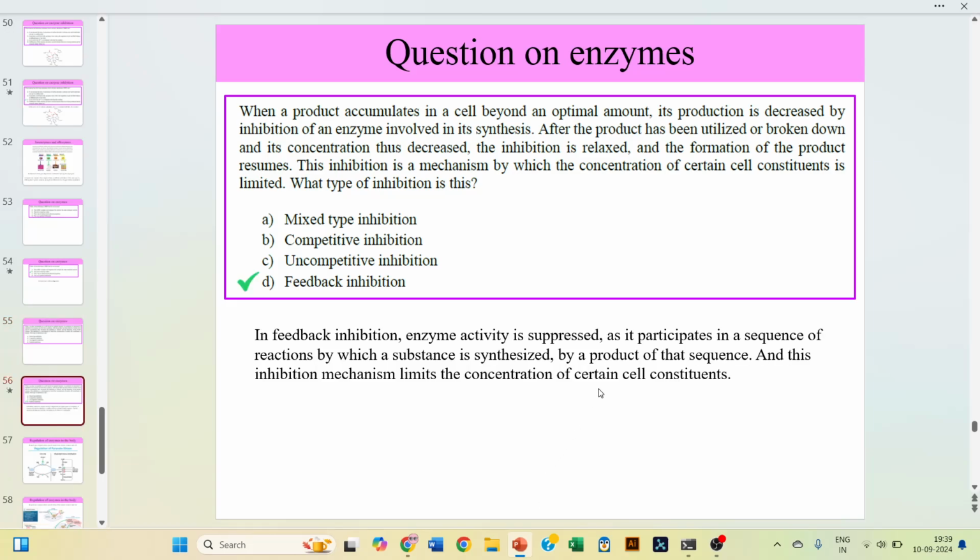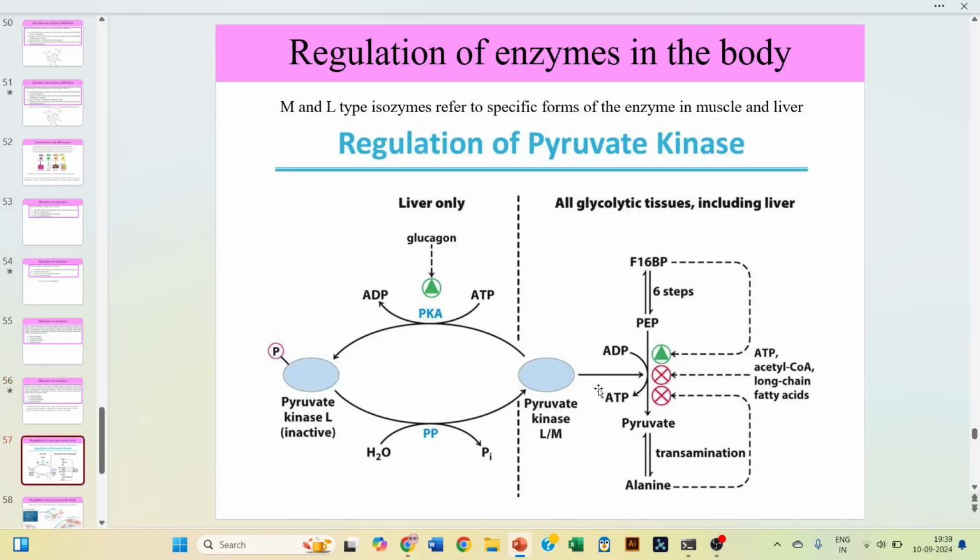Okay. So see, in feedback inhibition, the enzyme activity is suppressed as it participates in a sequence of reactions by which a substance is synthesized by a product of that sequence. And this inhibition mechanism limits the concentration of certain cell constituents. Okay.